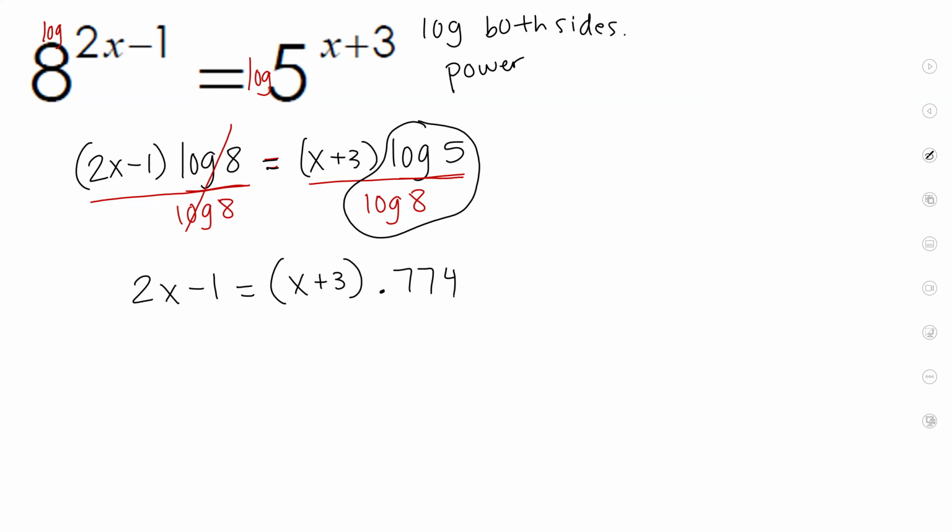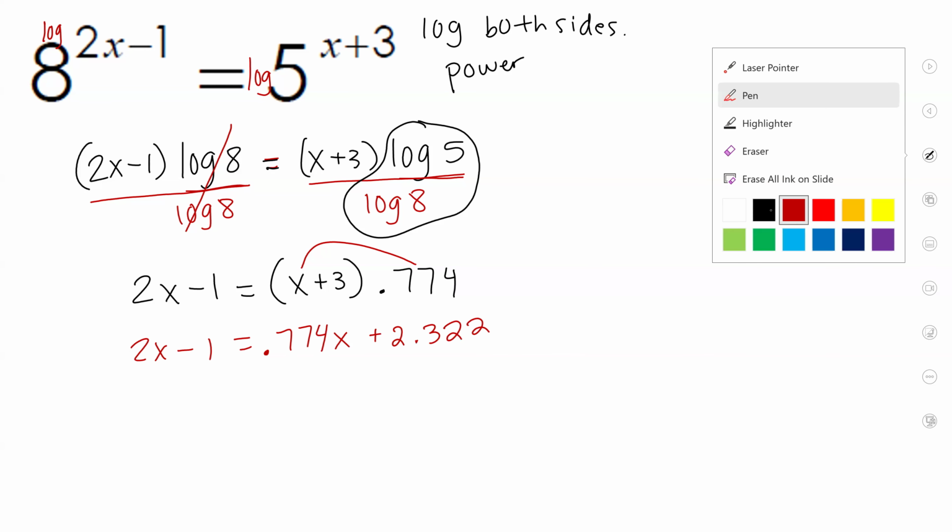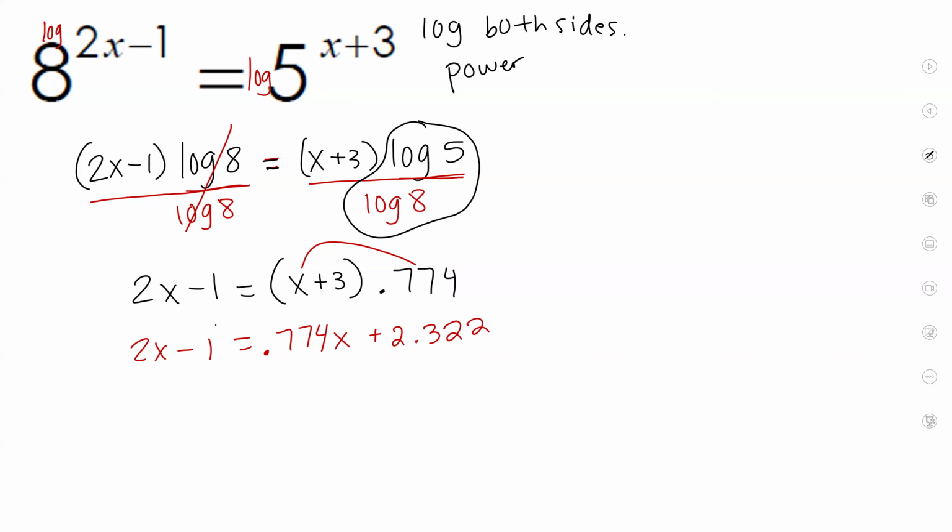So we're going to distribute. This will be 0.774 x plus, let me know what that is, and then 2x minus 1. 2.322. Okay. All right. And now we just solve. So I'm going to add 1 to both sides.